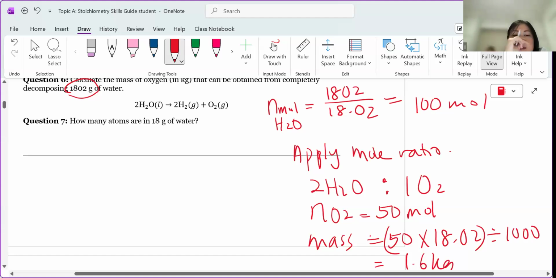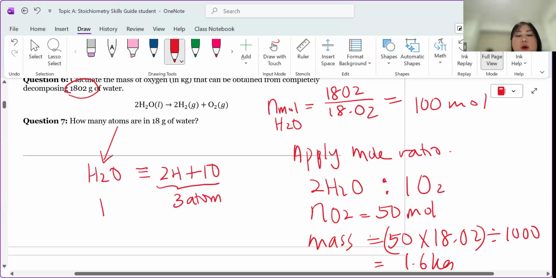Okay, last question. How many atoms are there in 18 grams of water? So water is H2O. In the formula, we can see it is made up of 2H and 1O atoms. So 2H plus 1O, therefore 3 atoms per molecule. Per 1 H2O, it will be 3 atoms.